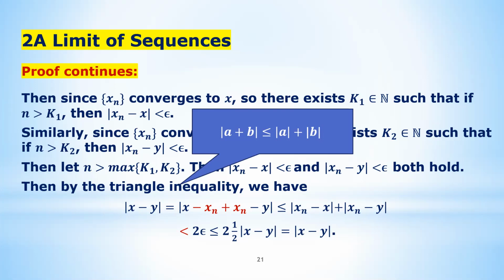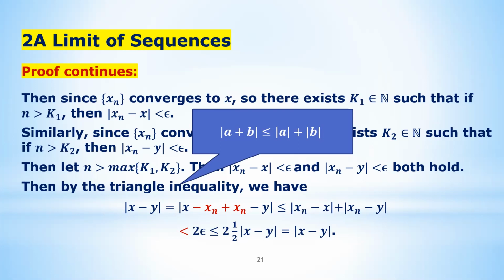Putting this together, you can see that this means the absolute value of x minus y is less than the absolute value of x minus y. And this is a contradiction because for the same number, say the number is a, you can't have a strictly less than a.